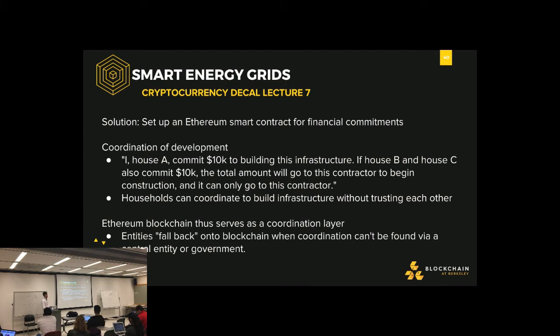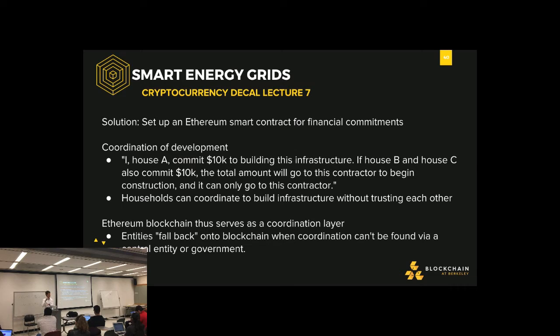So they can set up an Ethereum smart contract that will enable basically like a financial commitment. So in your smart contract, you can encode this logic. I, house A, am going to commit $10,000 to building this infrastructure. If house B and house C also commit this amount, then this amount will go to this contractor and only this contractor.